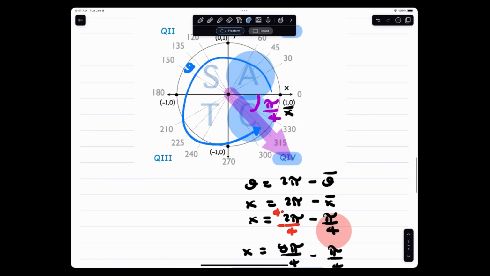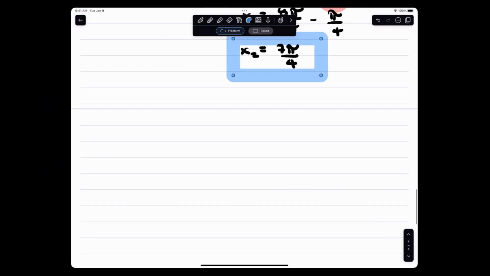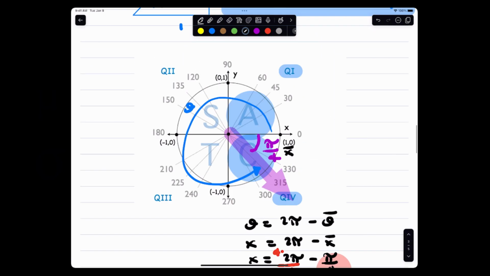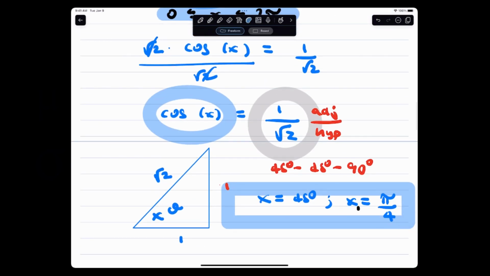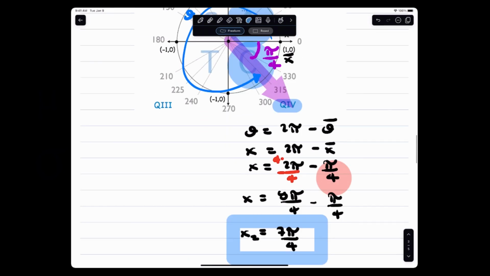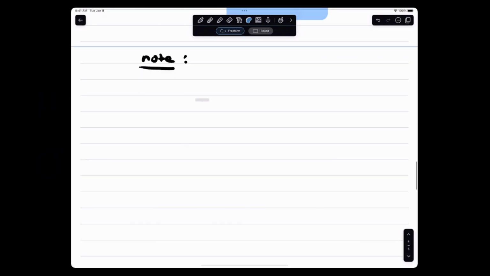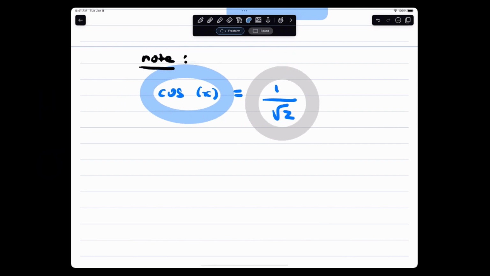Now, I'm going to give you guys a note here, because you might say to me, hey, Mr. Judge, I studied for the last test and I use the inverse.